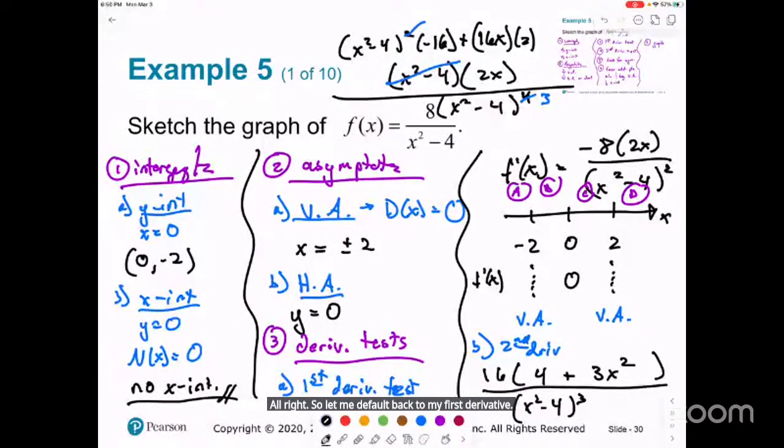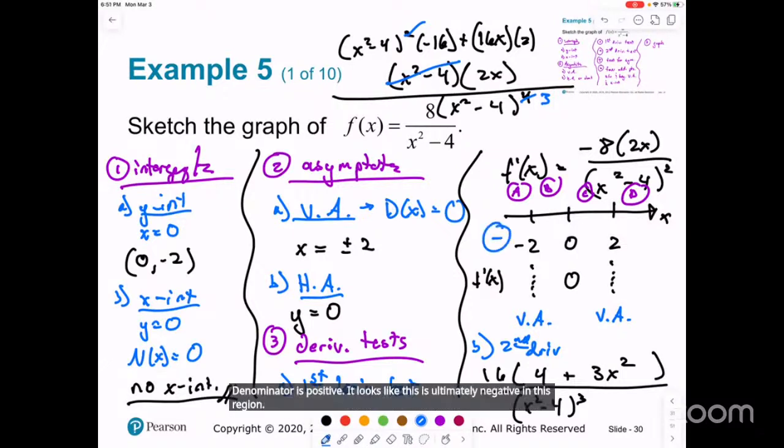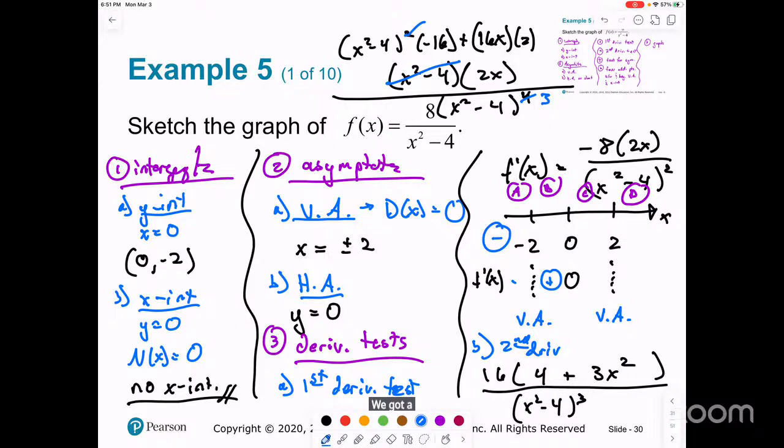So for instance, let's choose when x is -3 into the first derivative. The numerator is negative, denominator is positive. It looks like this is ultimately negative in this region. Let's try -1 into the first derivative. That's positive. That's positive. So it looks like the first derivative is positive in this region. We got a negative here. Let's keep going. We're almost there.